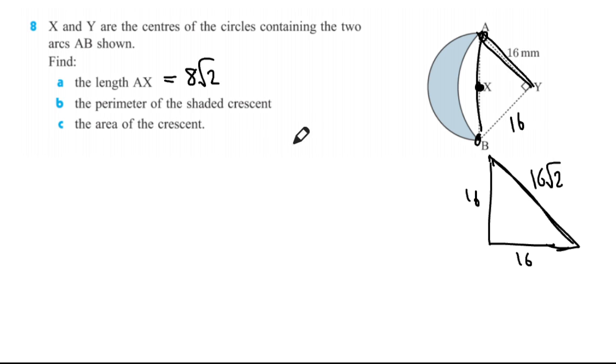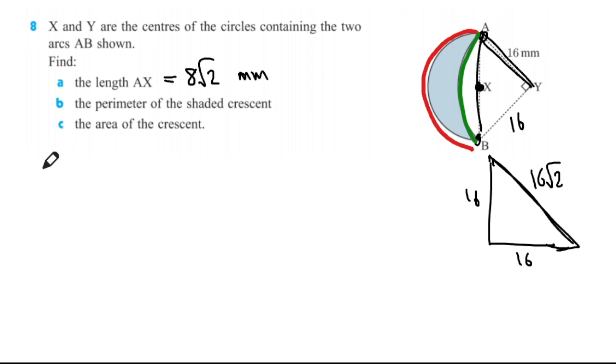The perimeter of the shaded crescent. Oh, this is part B, and this is in millimeters. The perimeter of the shaded crescent means we have to add these two arc lengths, which I drew earlier, and then I got rid of them. So we have red here and green here, and we're going to find these two arc lengths and then add them.